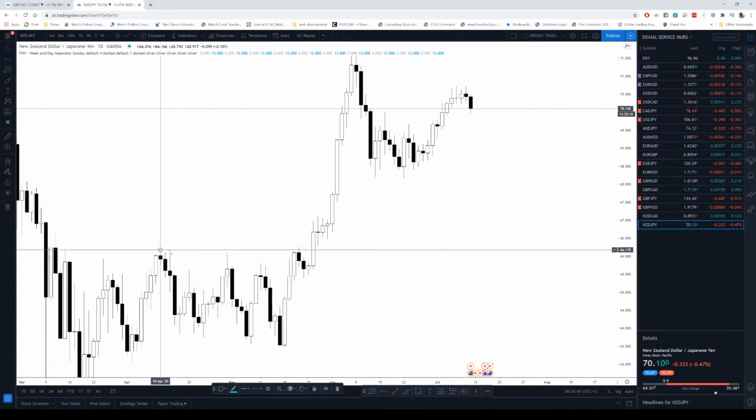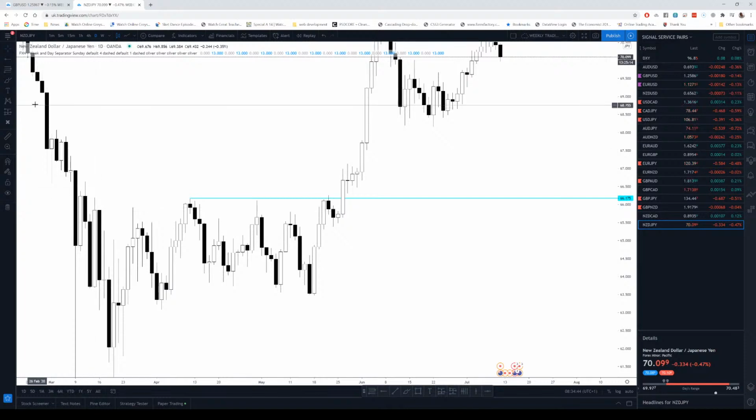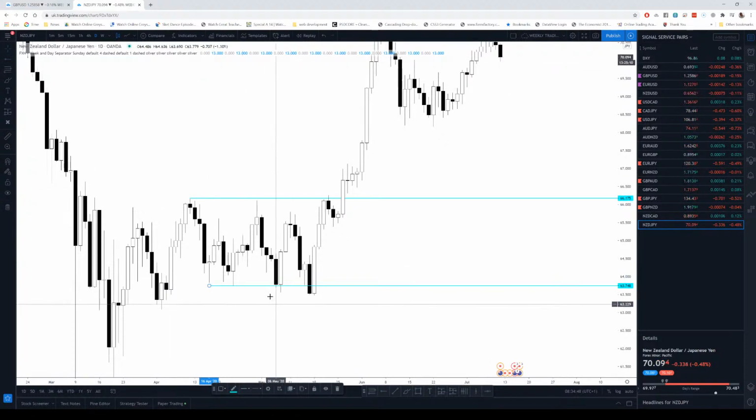This is equal highs engineered, equal lows, and run it, and then this low, run it again, and then send price up to clear these equal highs.